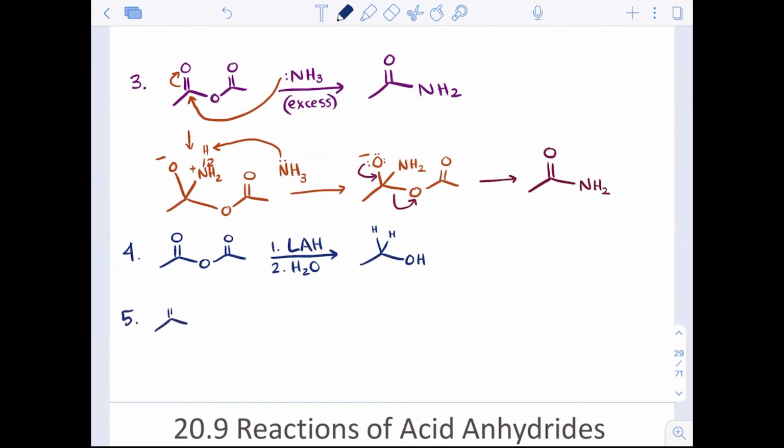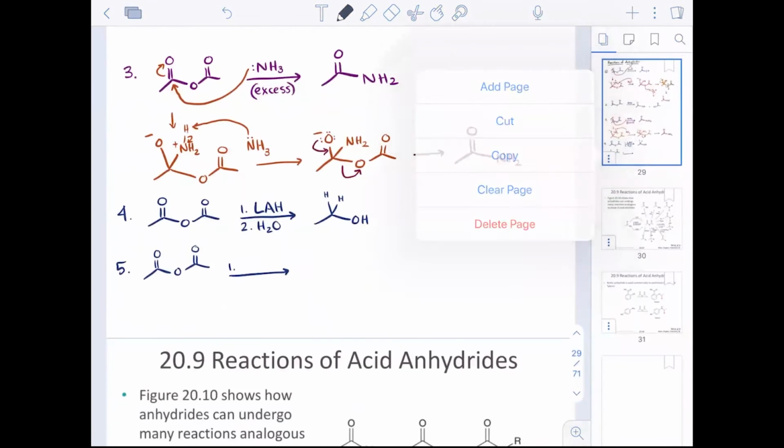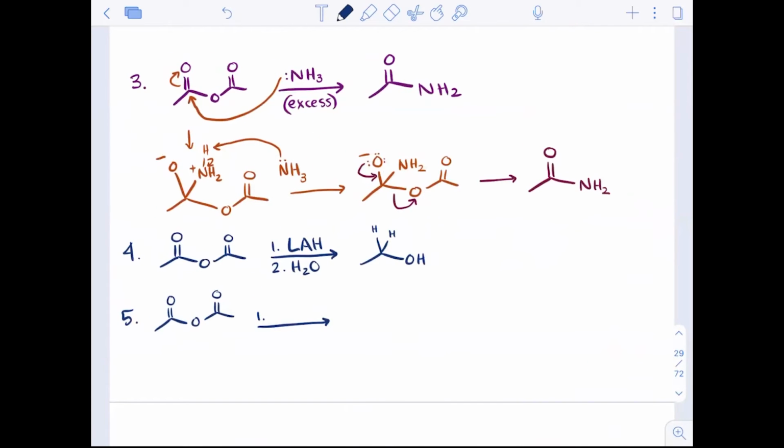If you want to stop at the aldehyde, just like we did with the variant for the acyl chloride, the variant for our anhydrides is the same.